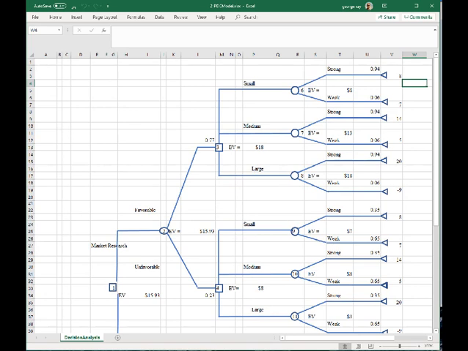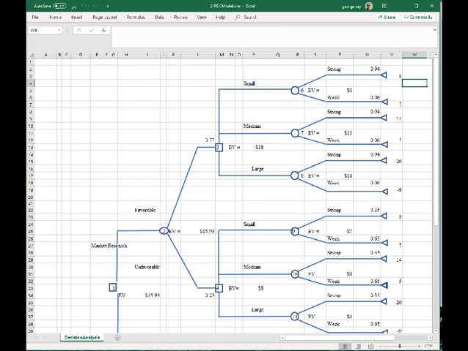We could get a favorable report. In other words, the marketing research company tells us, yes, it looks like this is going to be a good opportunity. They could also give us an unfavorable report: no, it doesn't look like demand's going to be there for this. Once we get by that chance node, then we have a decision to make: small, medium, or large. And of course, then our chance node of strong or weak demand.